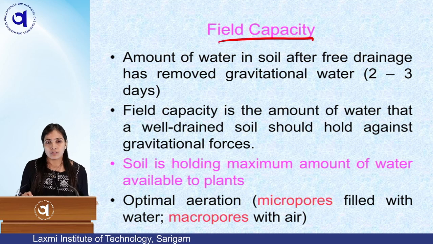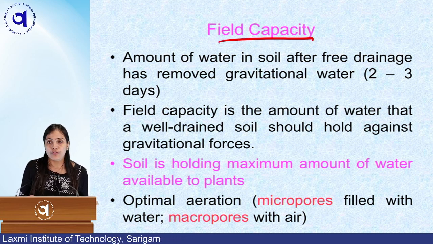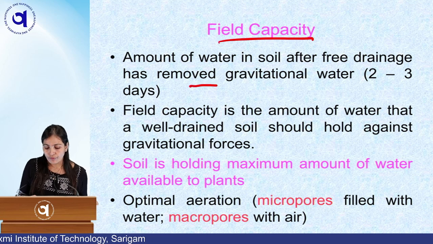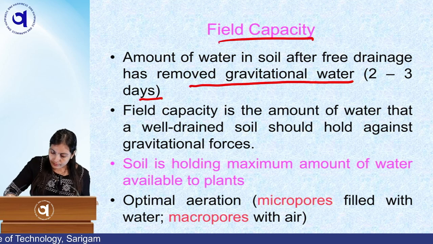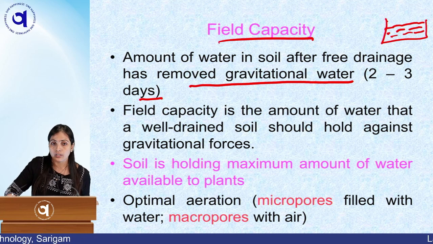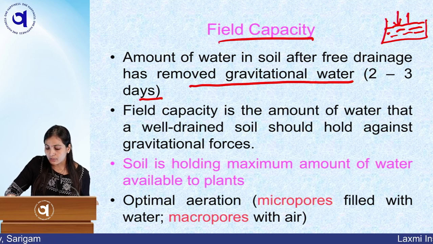Field capacity. What is field capacity? The amount of water in the soil after free drainage has removed gravitational water, after 2 to 3 days. Suppose you have an entire land here, this soil strata, and you are applying water over here, okay.